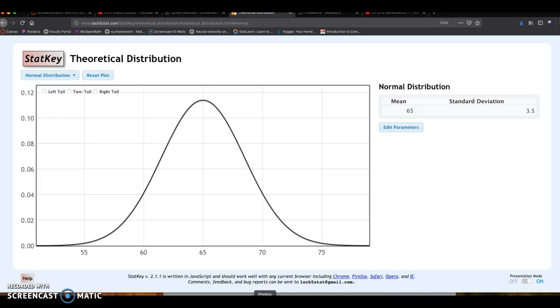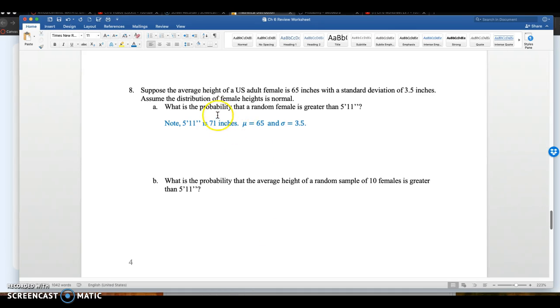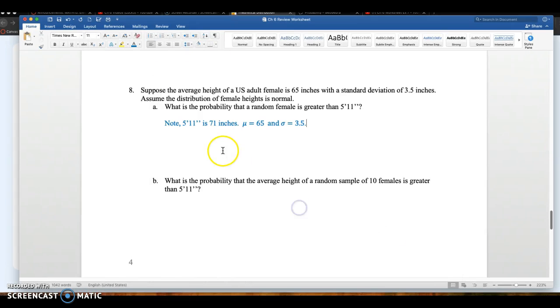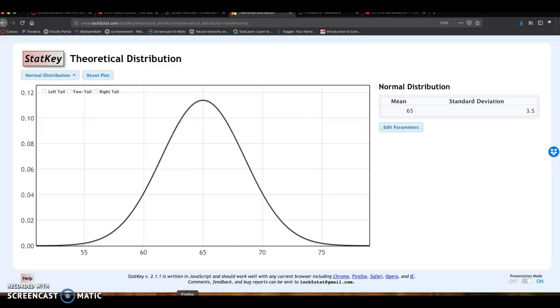And we want to know what is the probability that a randomly chosen female is 5 foot 11 inches or 71 inches tall. So going back to StatKey, the center is 65. I want to know the odds that someone is 71 inches tall, so that's going to be right tail. I need to make this value right here 71.